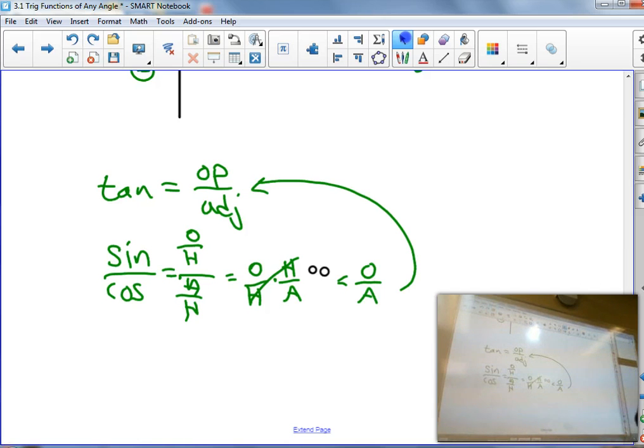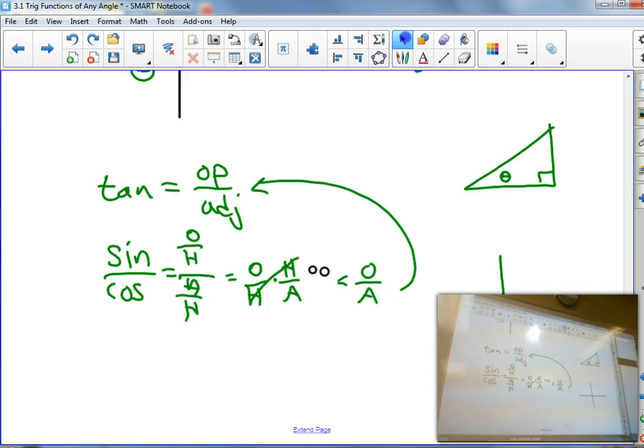And part of that, Lauren, is because we're defining how to figure out sines and cosines in this coordinate plane, right? Before, when we were looking at sines and cosines, we were only talking about sides of a right triangle. And in a right triangle, my angles always have to be between 0 and 90 degrees. So what if I want to extend outside of the range between 0 and 90 degrees?